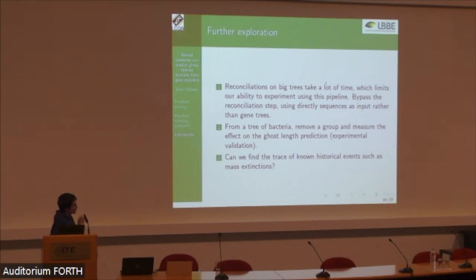For example, we could test our model on a tree of bacteria and remove a group of species from this tree, so they basically become ghost species. If the prediction of our model increases the ghost length by the appropriate amount, then we are confident in its predictions. And we could try to find a trace of historical events such as mass extinctions in experimental data.